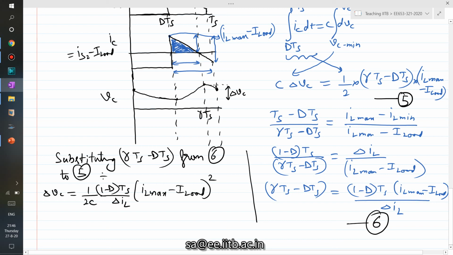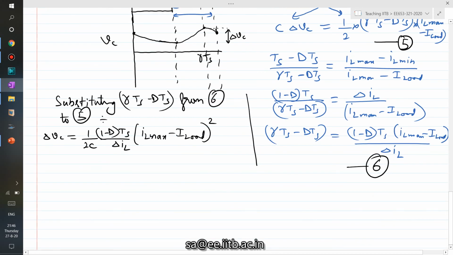Because there's one term from equation 6, one from 7, one from 5. Now if you want, you can further represent IL max. We already have an expression for delta IL, so we can just substitute it from there. We know the duty cycle, we know the switching frequency, so we know 1 upon that is Ts, we know the capacitance, and so the only thing that maybe we can further simplify is what is IL max, right?